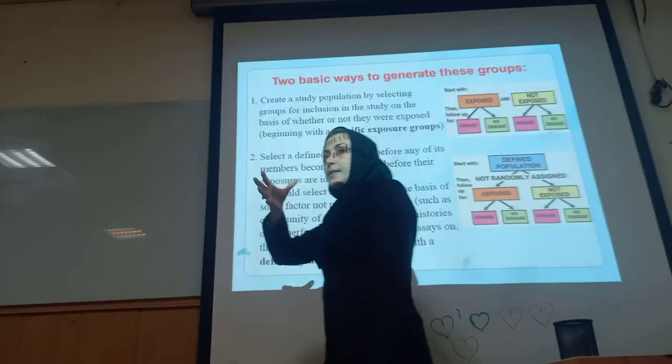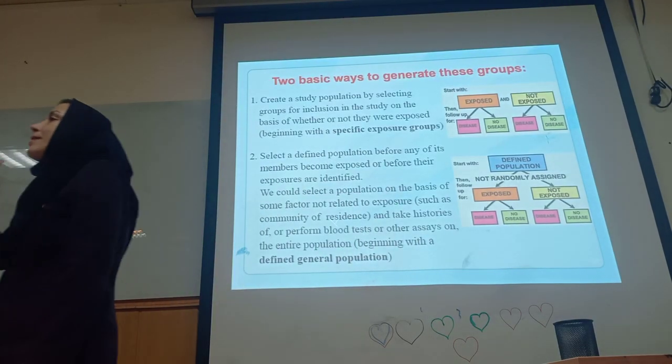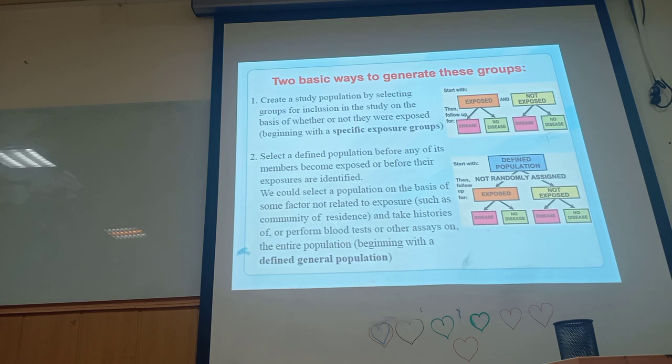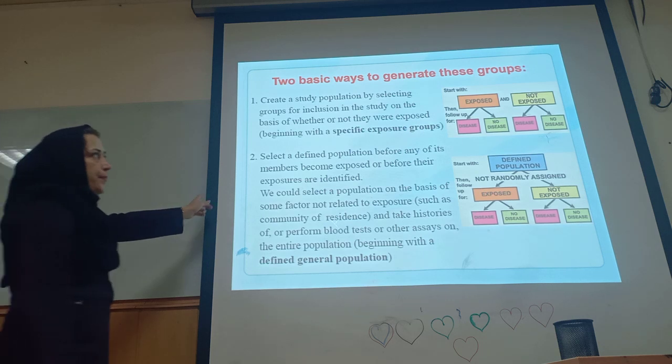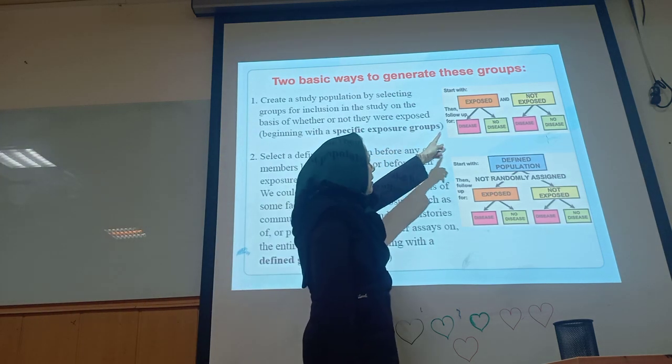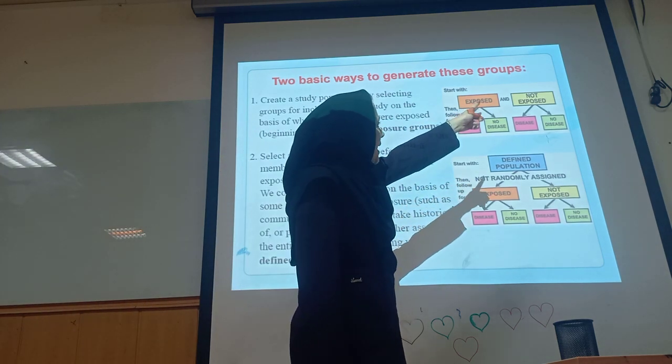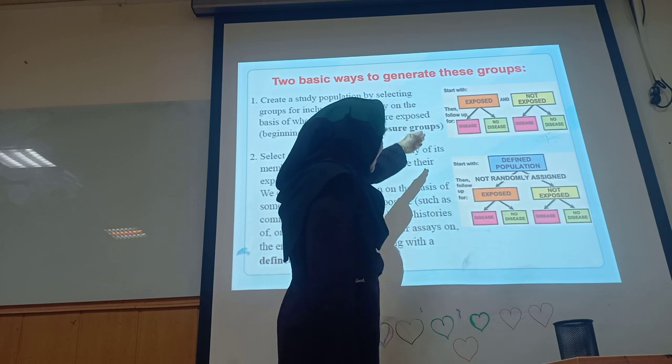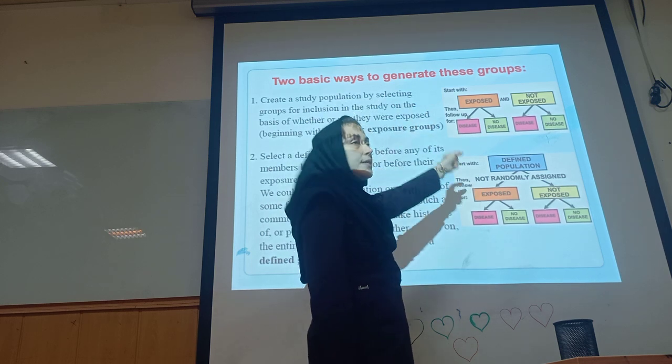To select the exposed and not exposed individuals for starting the study, we have two approaches. One of them is starting with exposed and not exposed, then follow for disease.